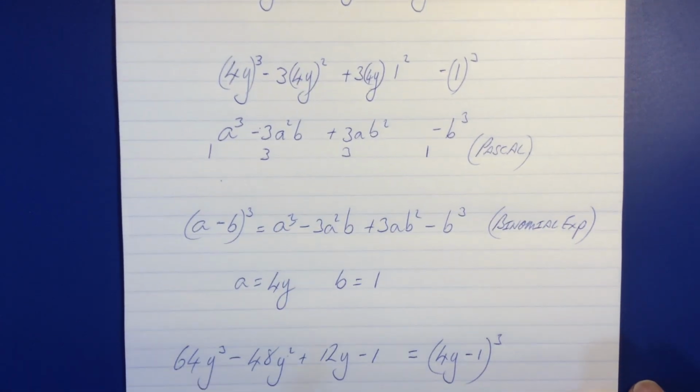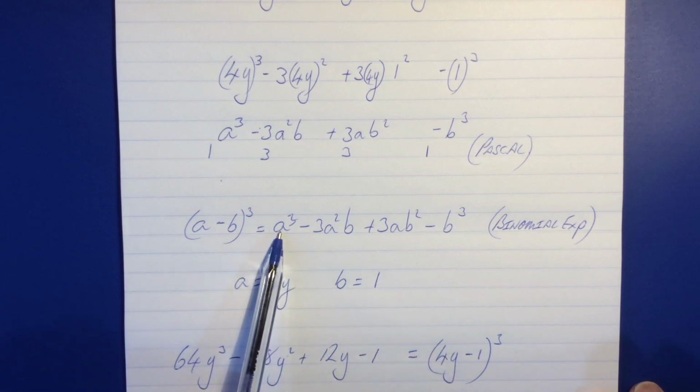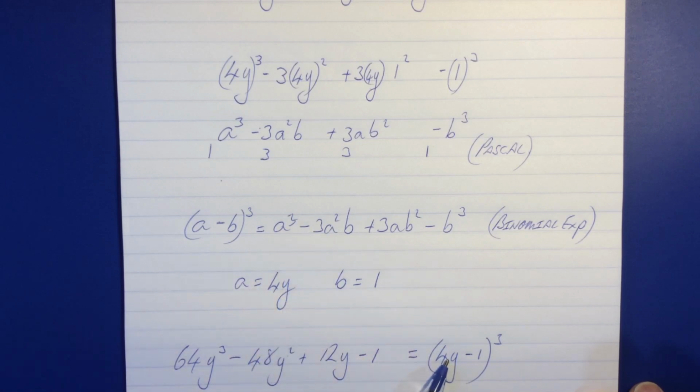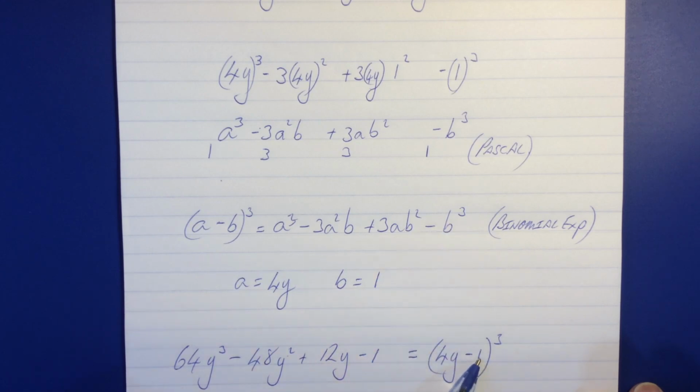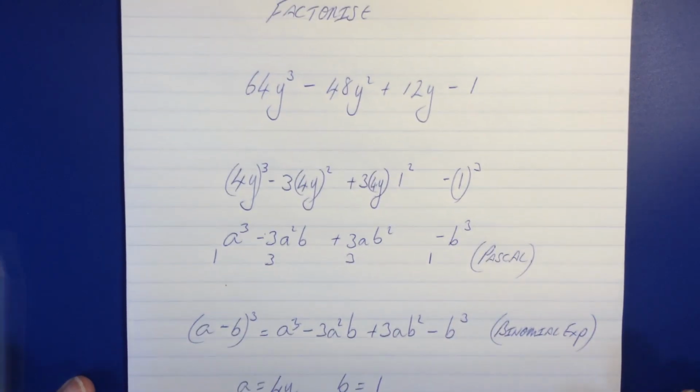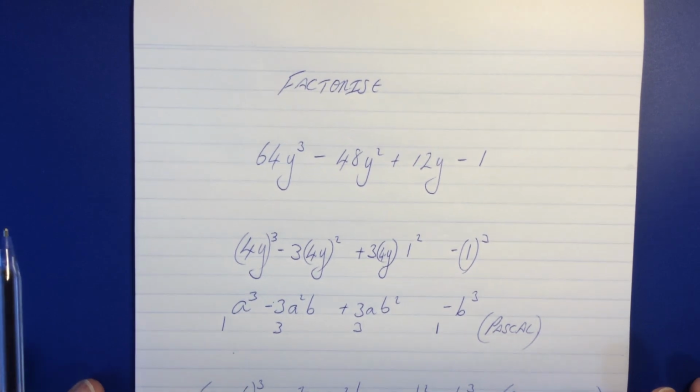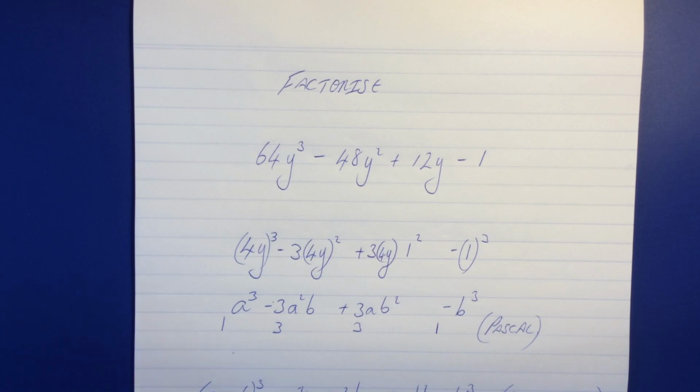So if you identify a as 4y, you can go a cubed minus 3 times a squared times b plus 3 times a times b squared minus b cubed. And what you'll get is what you started with. I hope this is helpful. It certainly should save a lot of grief and effort. And as I say, these particular patterns are really, really worth knowing.